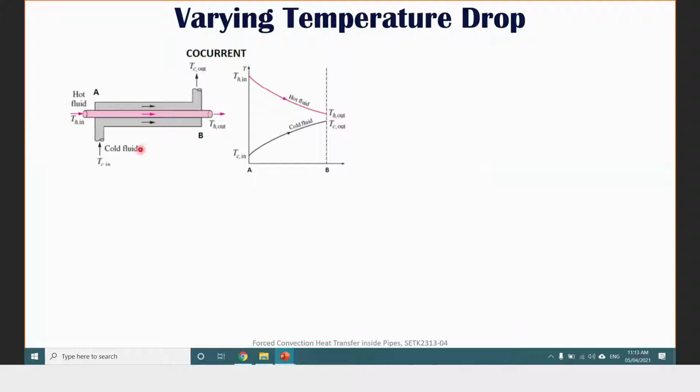In this other case, they want to cool down the fluid inside the pink tube, which has hot fluid.